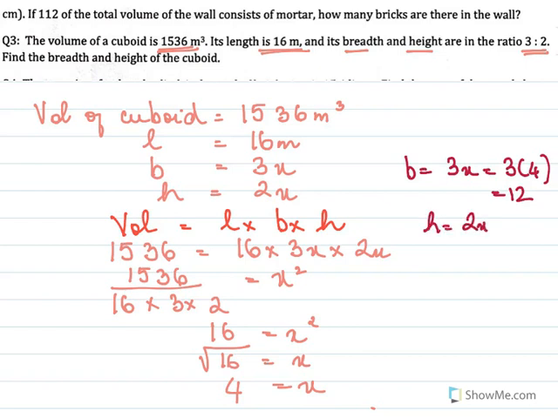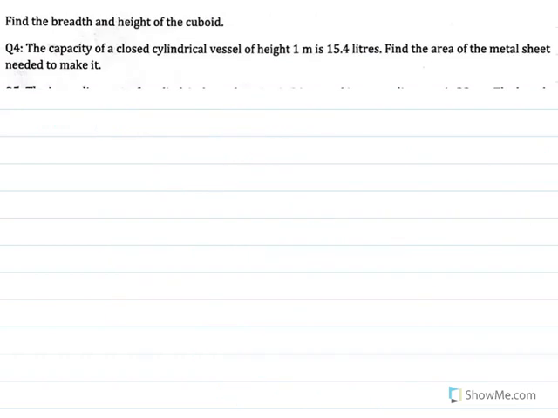And the height was taken as 2x, that is 2 into 4, which was 8. So the answer: breadth equal to 12 meter, height equal to 8 meter.